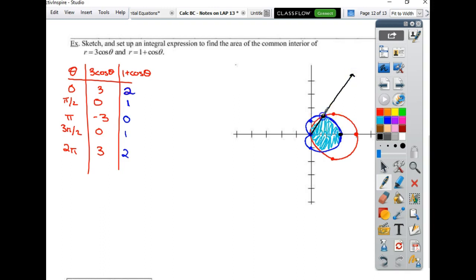Between this point and this point, what's defining that edge? The blue or the red? The blue. What happens after that? The red is going to define this edge between here and here. Also, do I want to deal with this as the whole shape, or would I like to use symmetry? Okay, we're going to use symmetry.